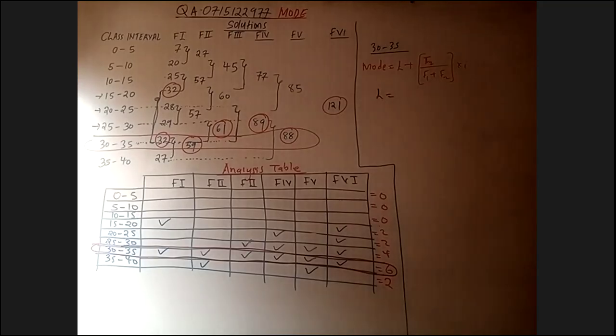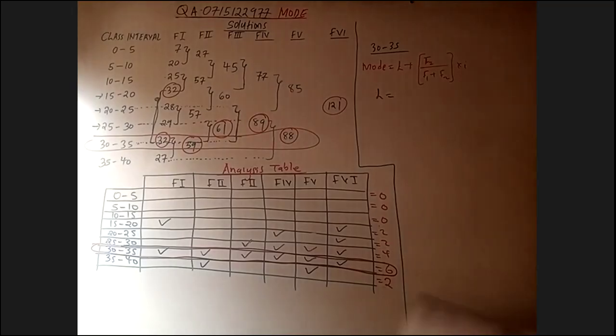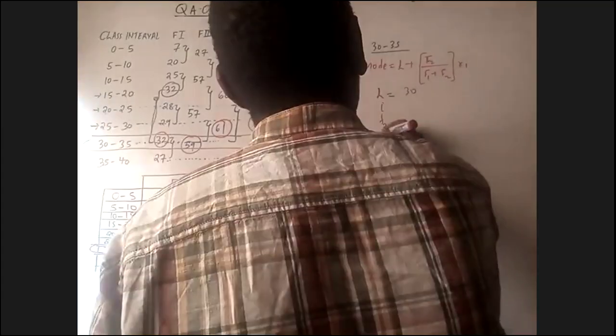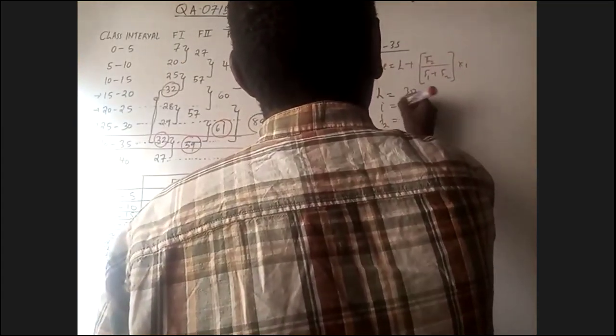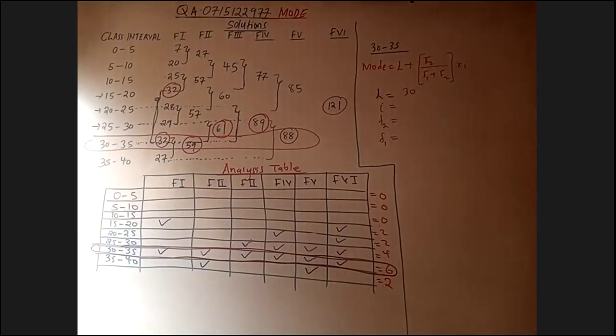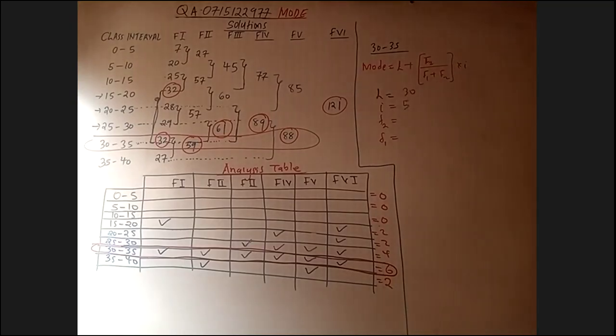L. Tell me. 30. Okay. I, F2 and F1. What is I? 5. 5. Okay, F2.